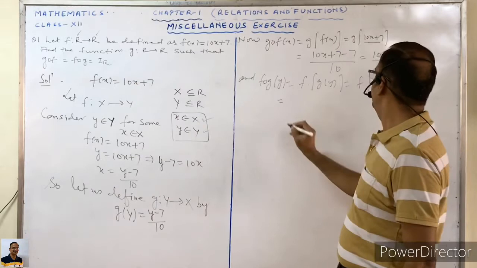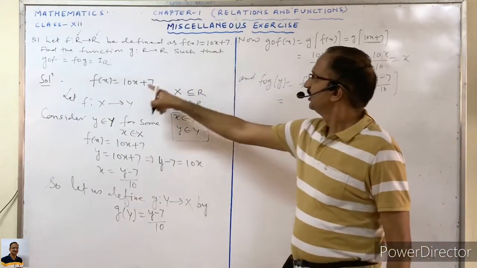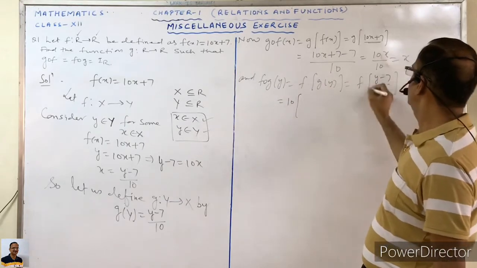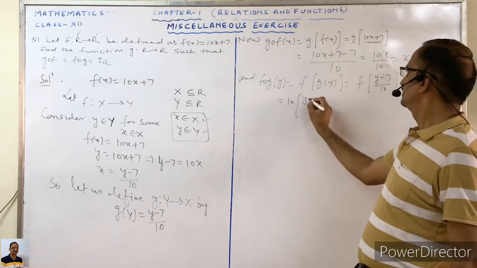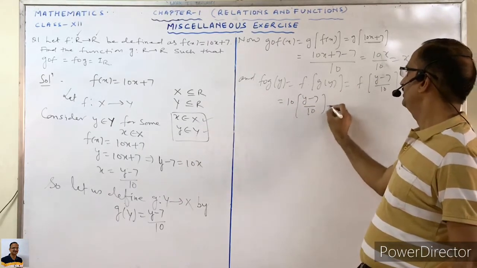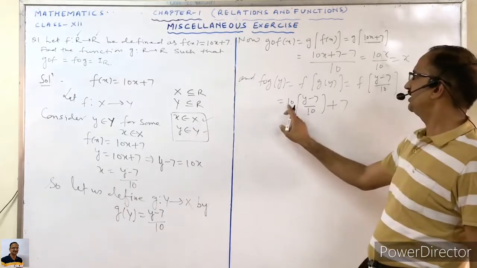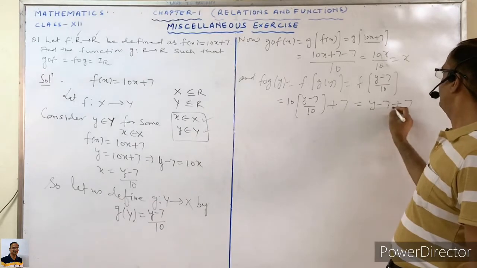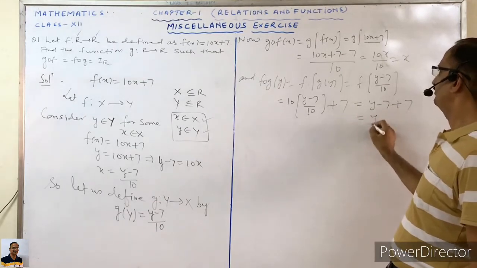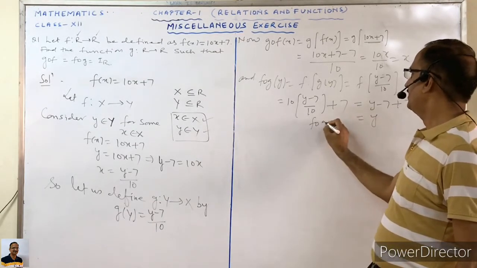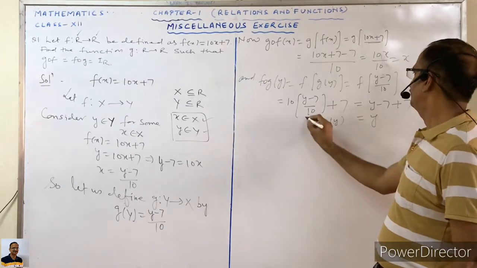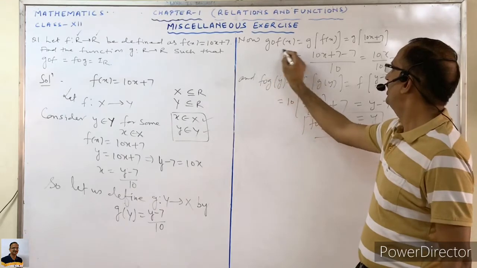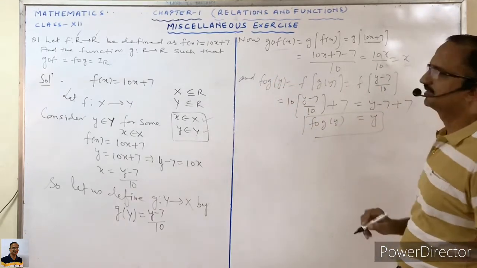So we will write the value of x: 10 times (y minus 7) by 10 plus 7. 10 and 10 cancel out. We will get y minus 7 plus 7. 7 and 7 also cancel out. We will get y. It means FOGY equals y, and GOFX equals x.